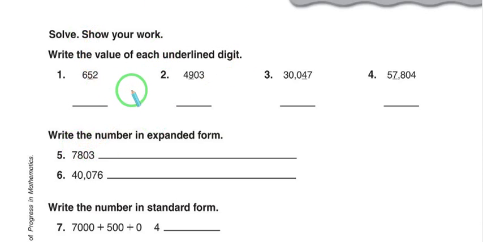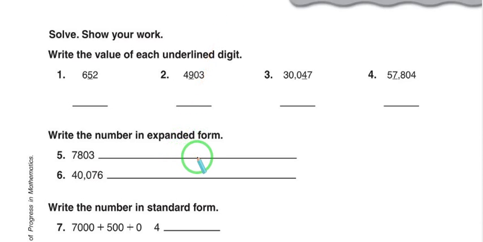These questions are highly important for your second assessment. Now for this one, write the number in expanded form. We have 7,803. So we simply write 7,000 plus 800 plus 3.